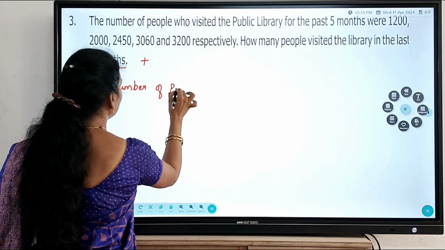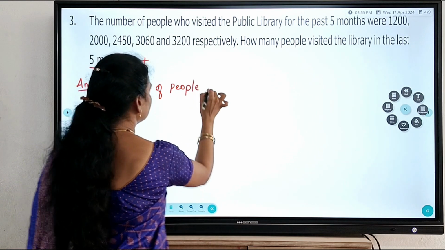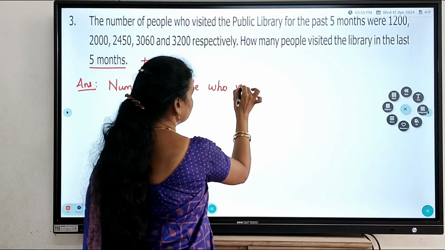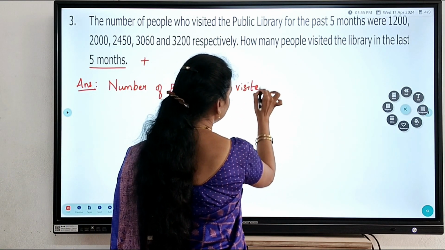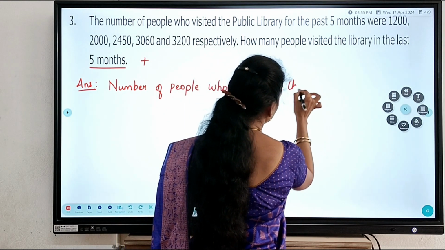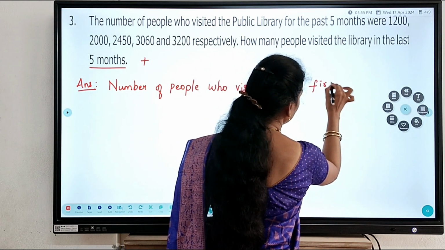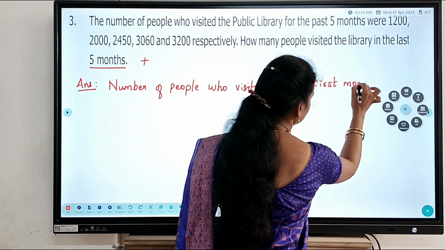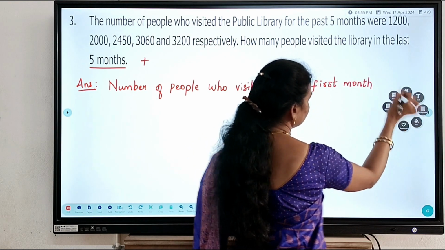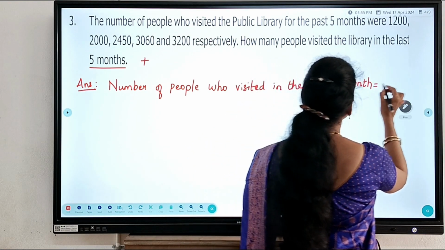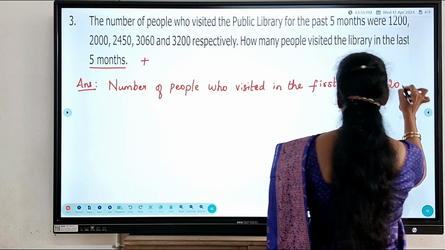So number of people who visited in the first month, that is equal to 1200.